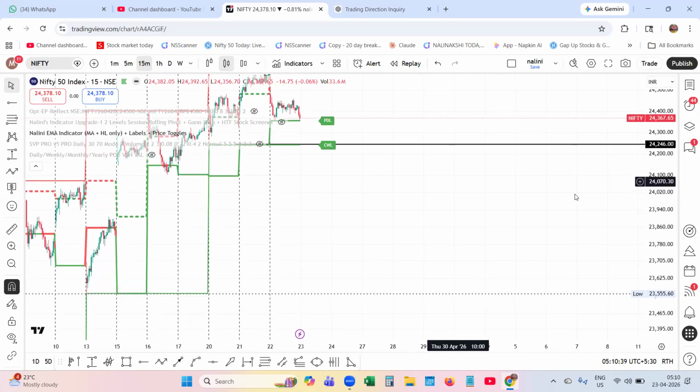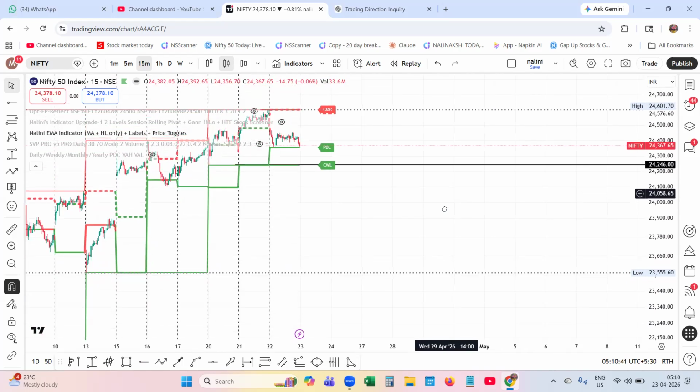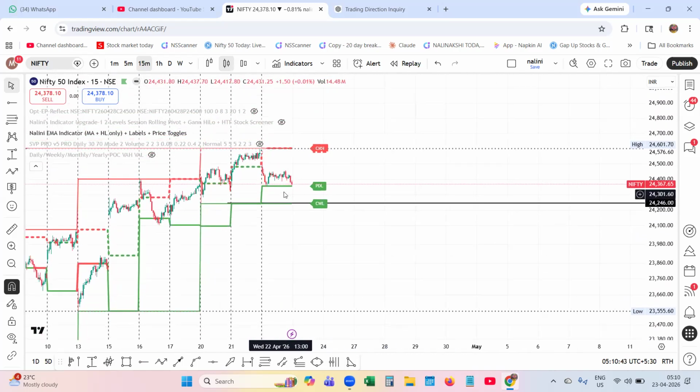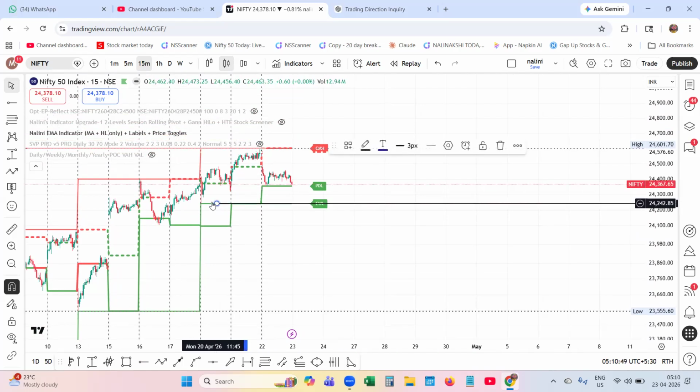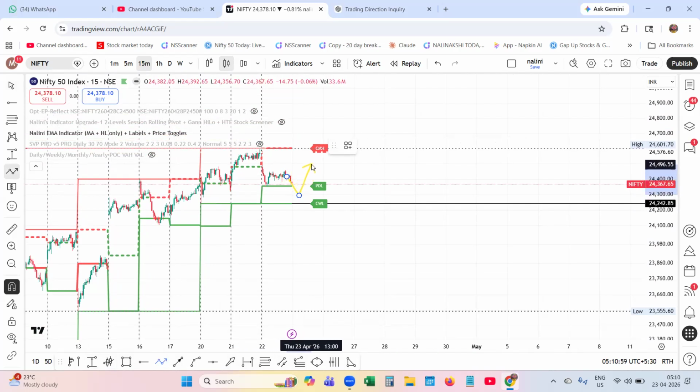Okay, so you will come to know this should not be breached. This is the very important thing, Monday's low. So the market can dip down a little bit in the opening bell, and then it may engulf.